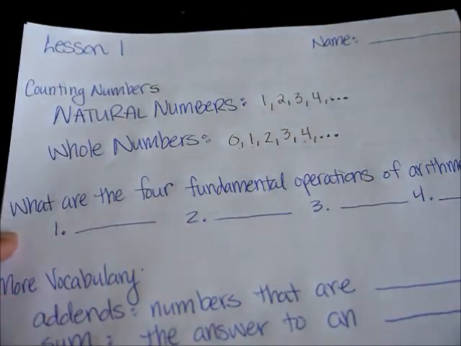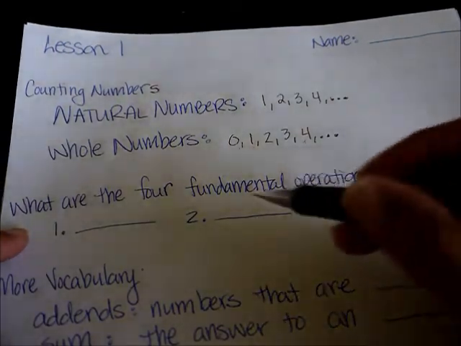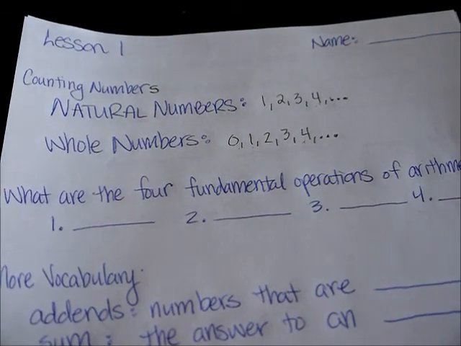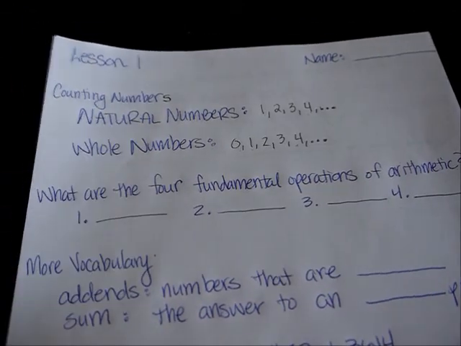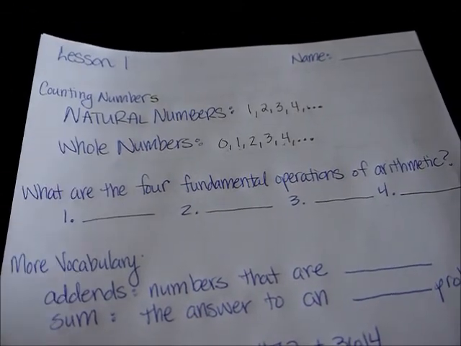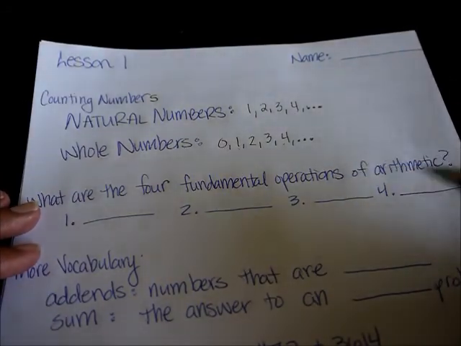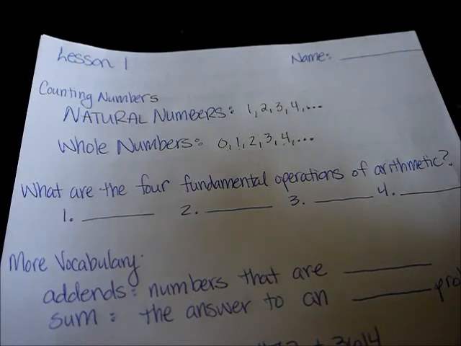Now, as you know, in math, there are 4 fundamental operations. Now, an operation in math is like a calculation. When you get to calculate something, it's an operation. And the 4 fundamental operations in arithmetic, notice I didn't say algebra or pre-algebra or calculus.